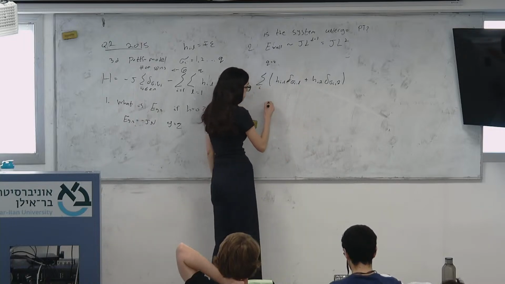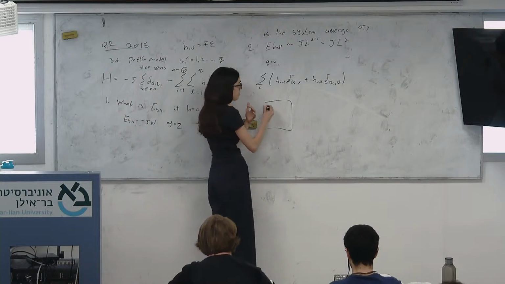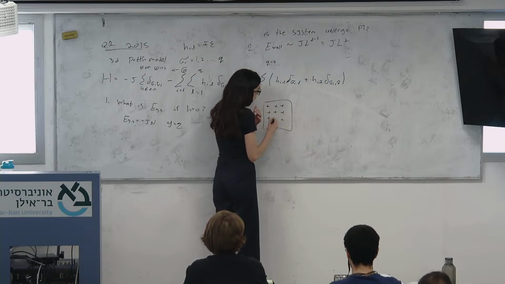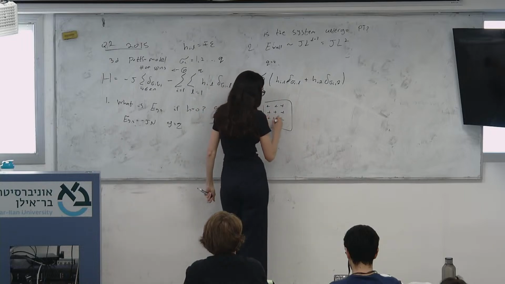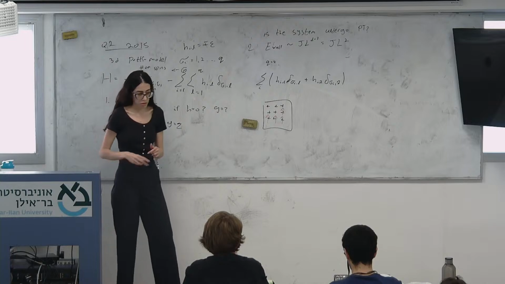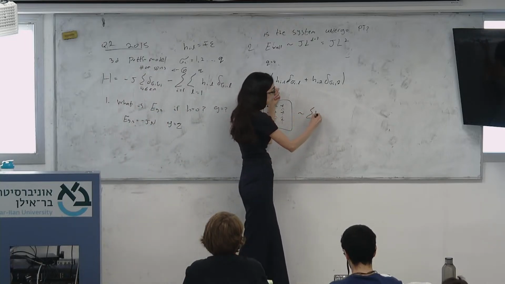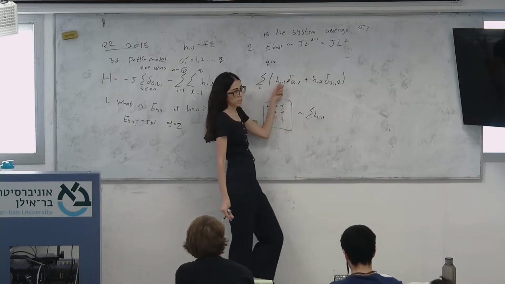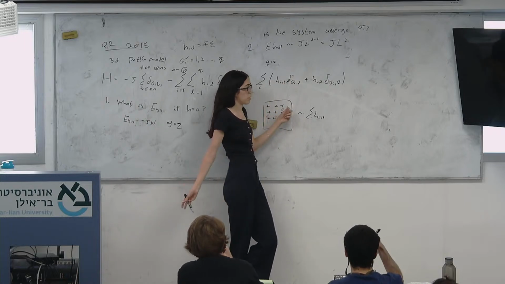If we have a bulk where all of the magnetic field is in the same direction, so let's say they're all plus, and all of the spins are also in the same direction, so let's say they're all up, then this is again going to be something that goes like the sum over h_i1, because this is just going to give us 1 for whatever we take.